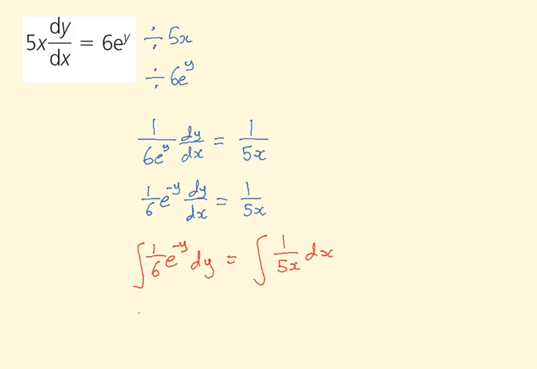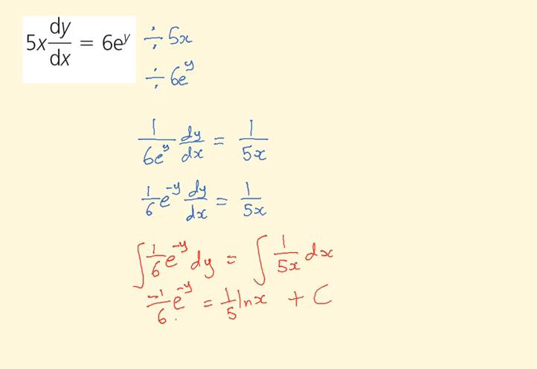That leaves you on the left hand side with minus 1/6 e to the minus y equals 1/5 ln x plus your constant c.